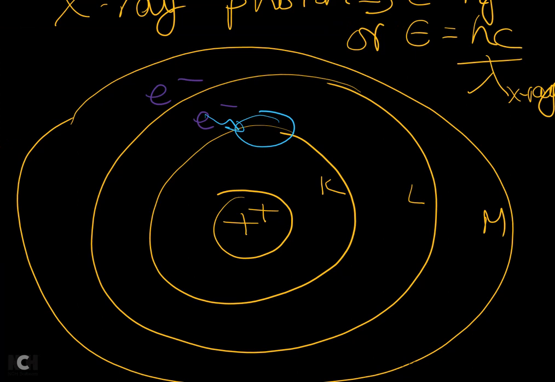So now there is a vacancy of a specific electron which is assigned to the K shell. Now, in order to replace it, you're going to take an electron from either the L to the K or the M to the K.